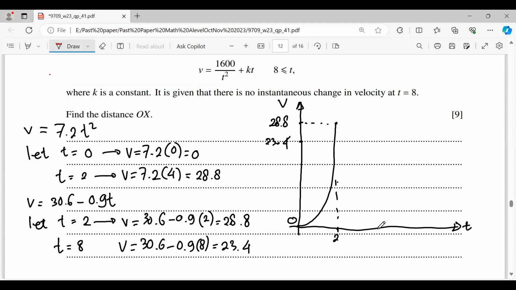And 8, for example, here. So the coordinate point here, the coordinate point 8, comma 23.4. We can create a straight line because the graph is a straight line. This graph.